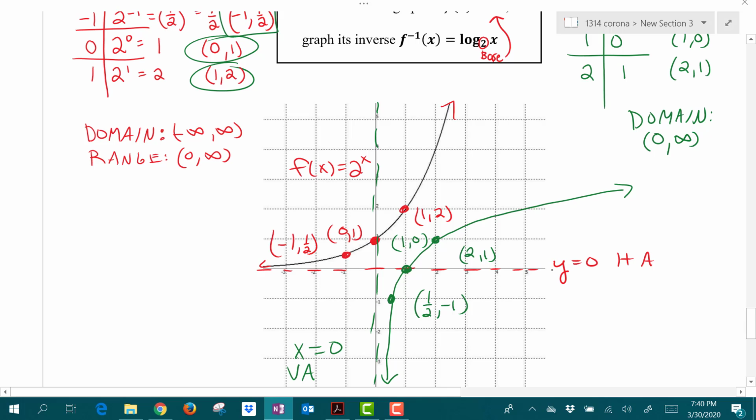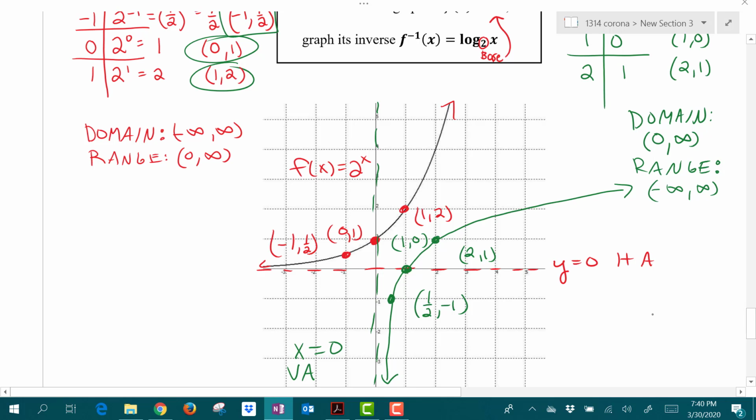So instead of y equals 0, x equals 0 for the logarithmic function becomes a vertical asymptote. So that makes sense with our domain here from 0 to infinity, but the domain does not include an x value of 0. The range is going to be the domain of the exponential. So our range would be from -infinity to +infinity.